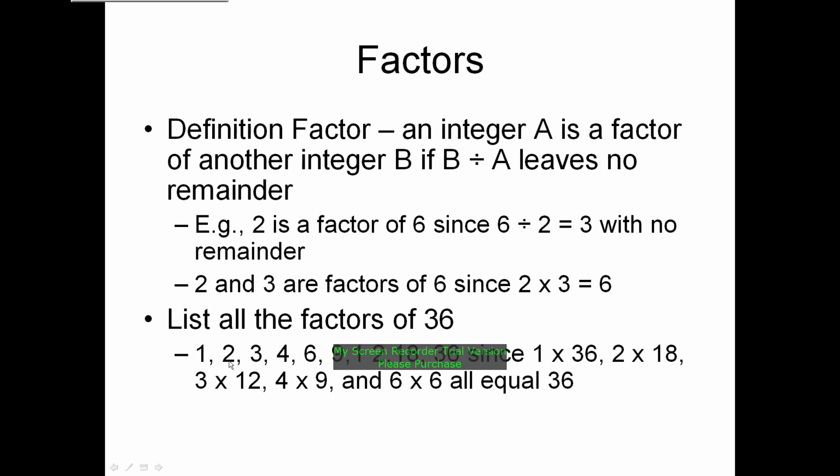Then 2. 2 times 18, that's 36, so 2 and 18 are factors. 3. 36 is divisible by 3, and 3 times 12 is equal to 36, so 3 and 12 are factors. 4 times 9 is 36, so 4 and 9 are factors. And 6 times 6 is 36, so 6 is a factor. We just write it down once.